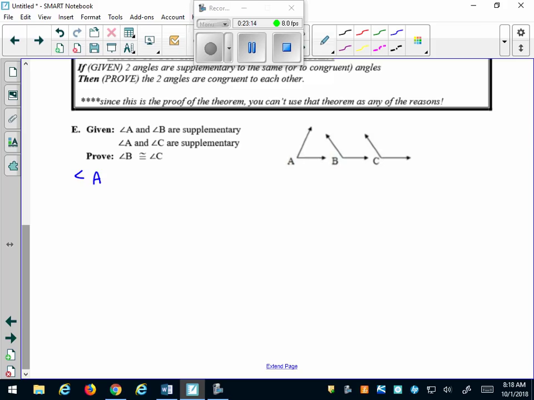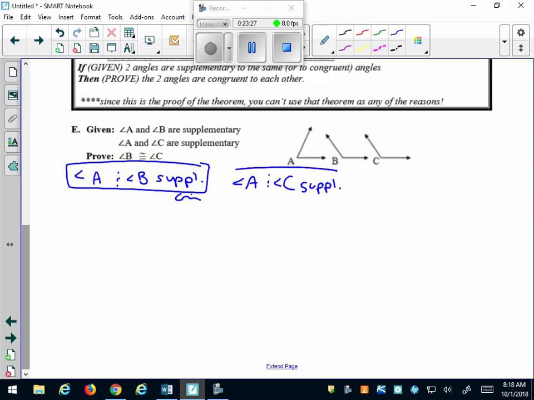So, if angle A and angle B are supplementary, and angle A and angle C are supplementary, then we're trying to prove that B is congruent to C. So we have A and B supplementary, and A and C supplementary.